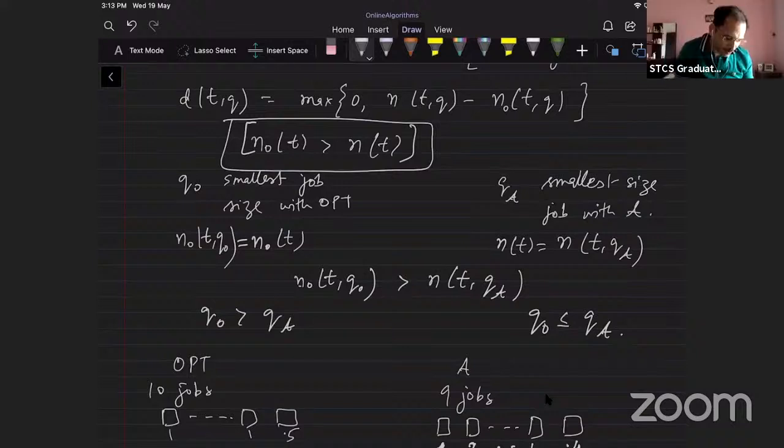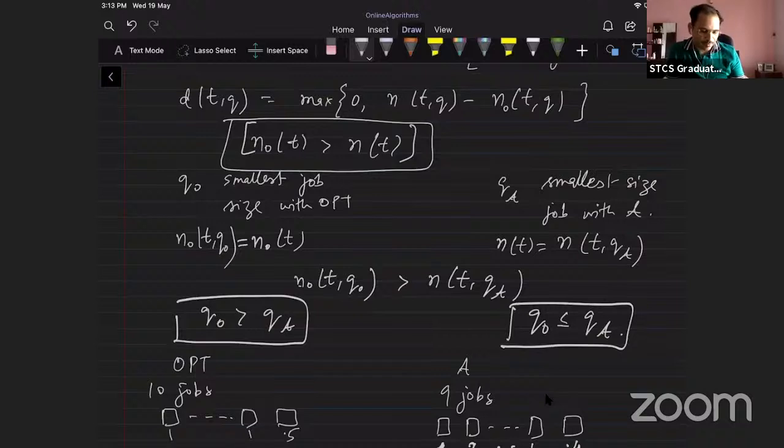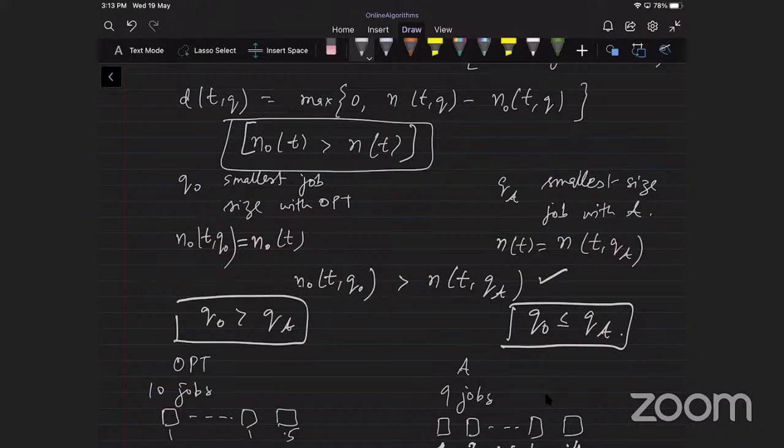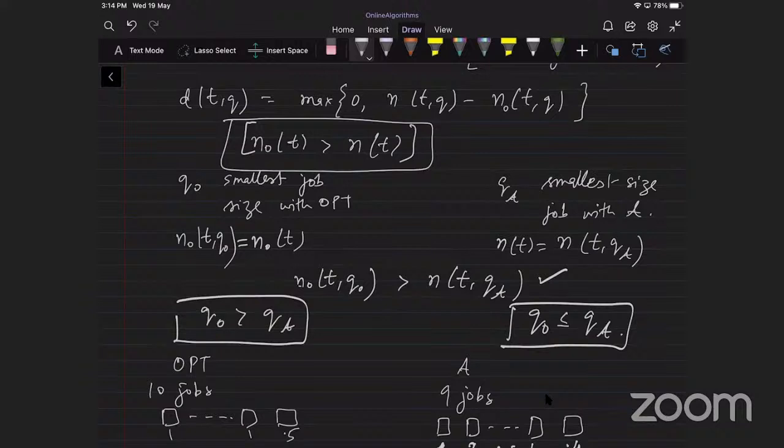So why don't you think about this one case and this one case? So when Q0 is greater than QA, what happens? I know already this is true. Then for all Q greater than Q0, N0 of T is greater than N of T.